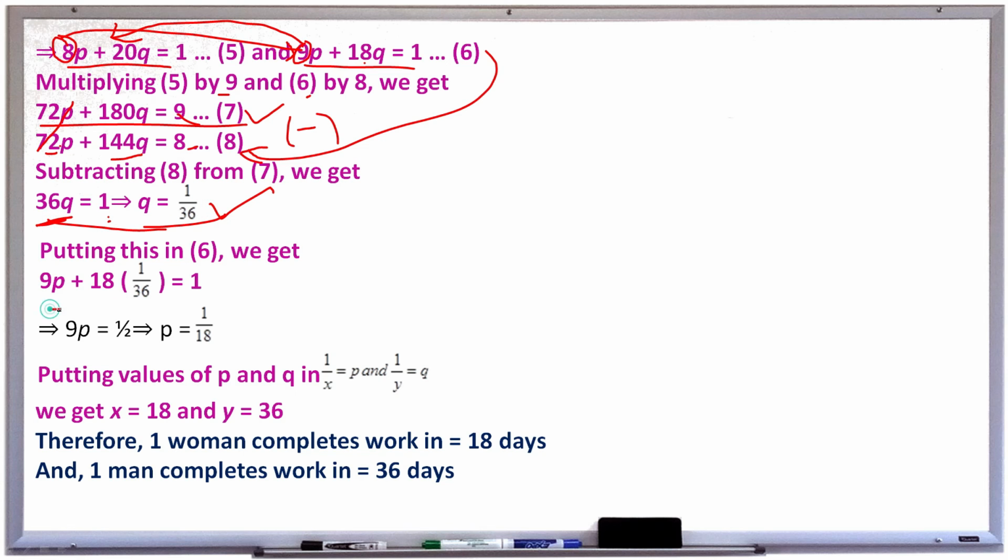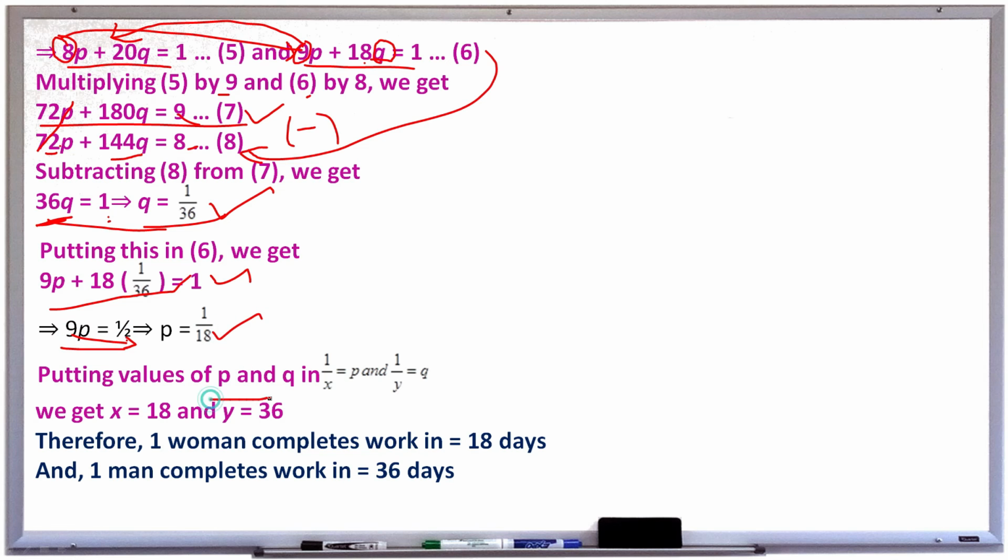Put the value of q, 1 by 36, in the equation: 9p plus 18 into 1 by 36 equal to 1. By simplifying you will get 9p is equal to half, so p is equal to 1 by 18.